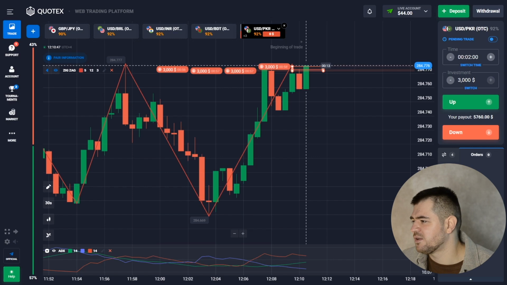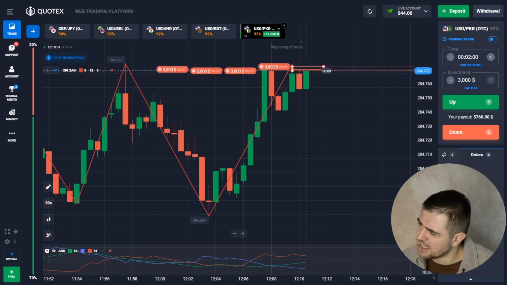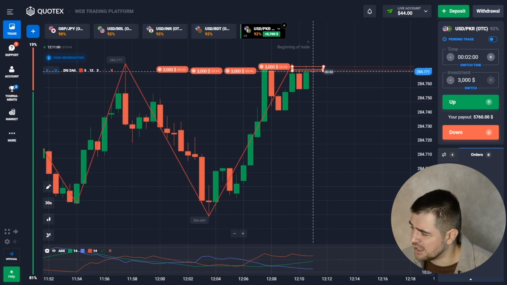Sometimes it's a good thing when it collects just below it. Sometimes it's a good thing. It collects the strength and then it goes up. But let's see if this is the case. I don't think this one is the case.